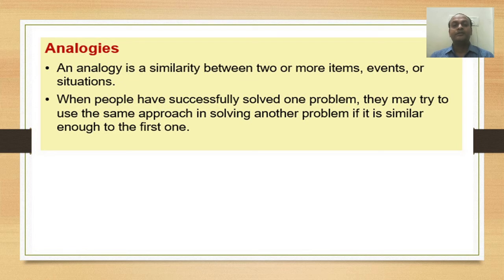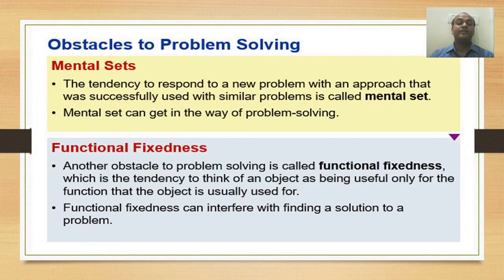Now many times even the best of the methods, even if you know them, will not work. It's only because there are certain psychological hurdles which get activated when you are trying to solve a problem. Now these obstacles are your mental set and functional fixedness.